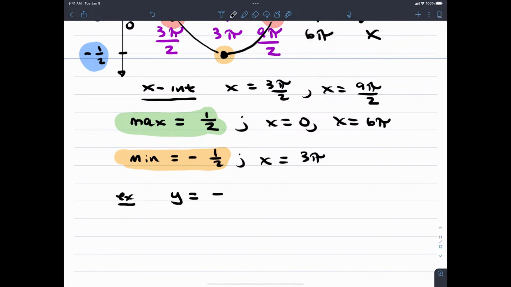All right, I'm going to try this. Just going to do -3 cosine 2 pi x.